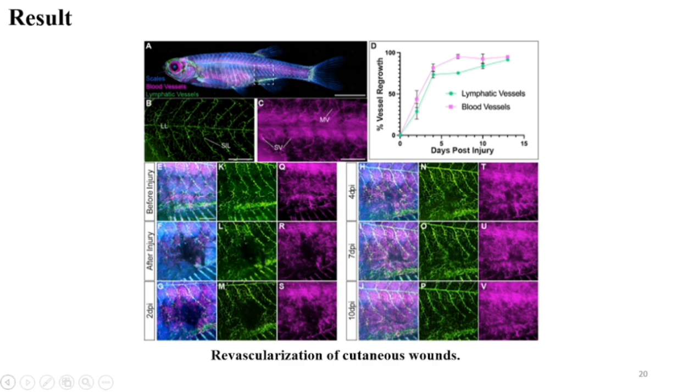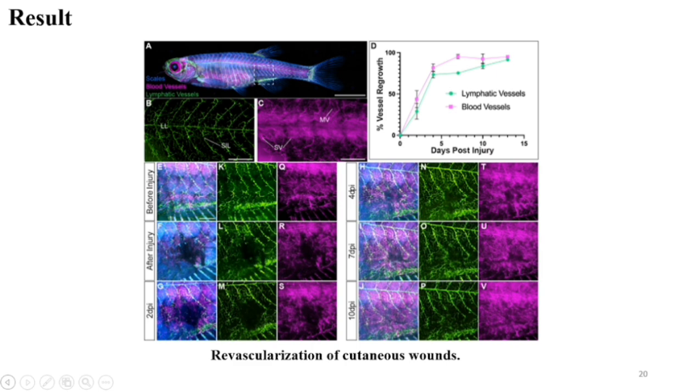And for post-injury vessel growth, the first phase is the initial phase from day 0 to day 4 after injury. Right after the injury, the wound has fragments of several blood and lymphatic vessels. But by day 2 post-injury, these fragments start to disappear and new vessel growth begins rapidly.